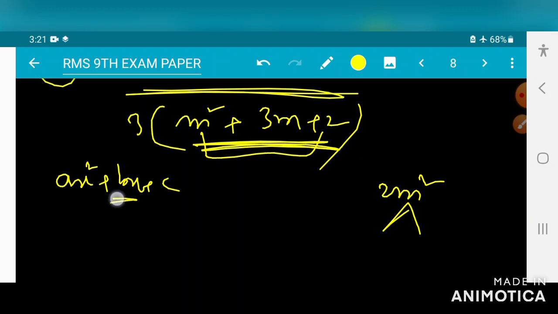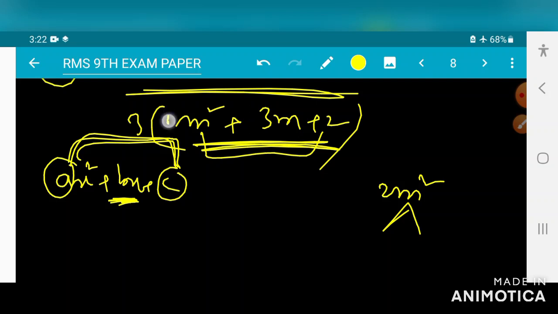By middle term split, we have to split the x term. We multiply a, the coefficient of x square, with c, the constant. After multiplying these two, we have to split the middle term bx. Multiplying 1 into 2, we get 2m square.